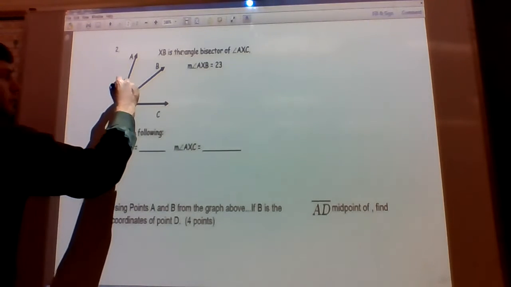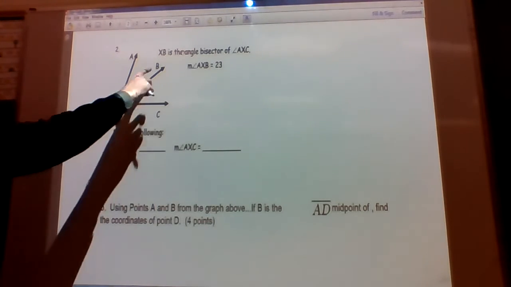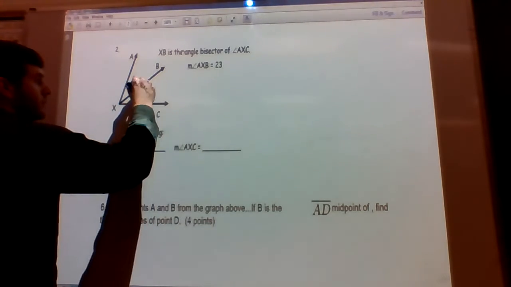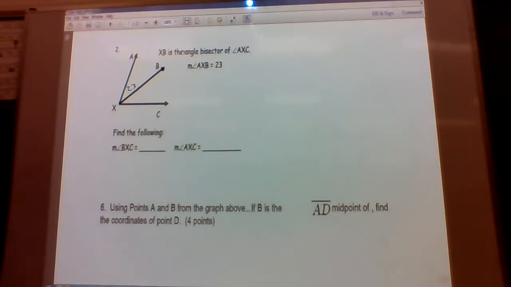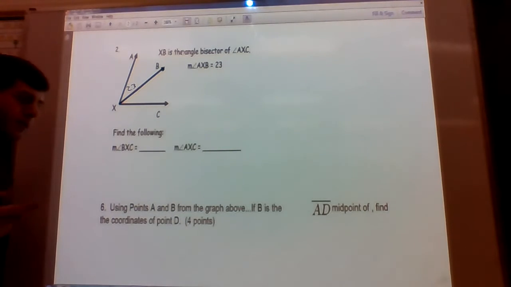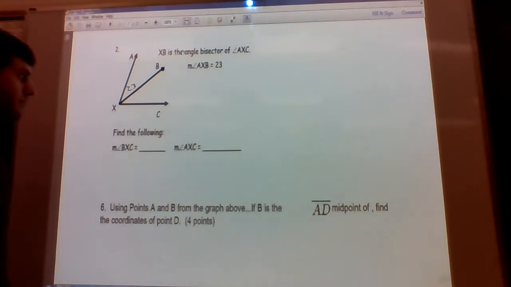AXB is 23 degrees. Okay. That tells us XB is the angle bisector of angle AXC. An angle bisector, like a segment bisector, splits whatever it is in half. A segment bisector splits the segment into two congruent parts.